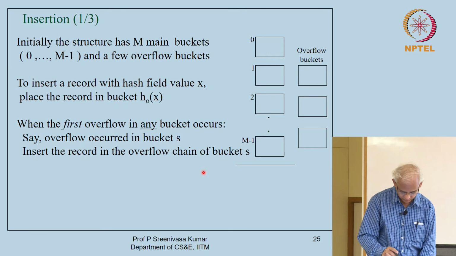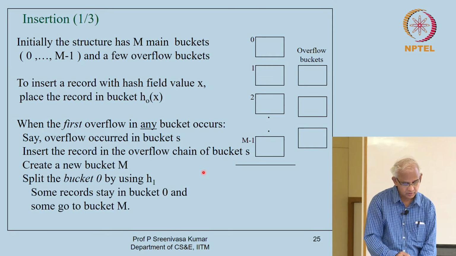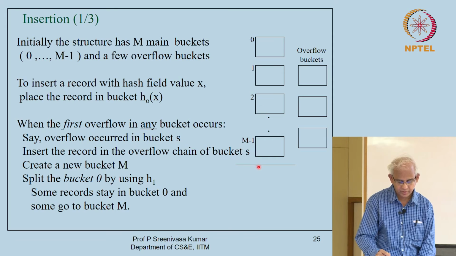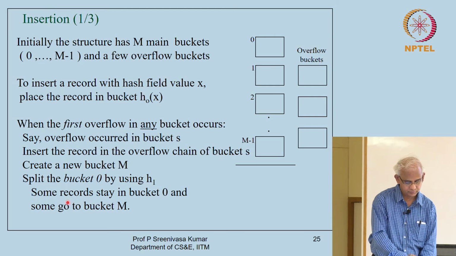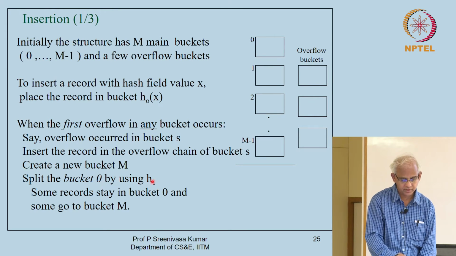What we do is create a new bucket M, and split the bucket 0 records using the hash function H1. Okay. Split the bucket 0 by using H1.